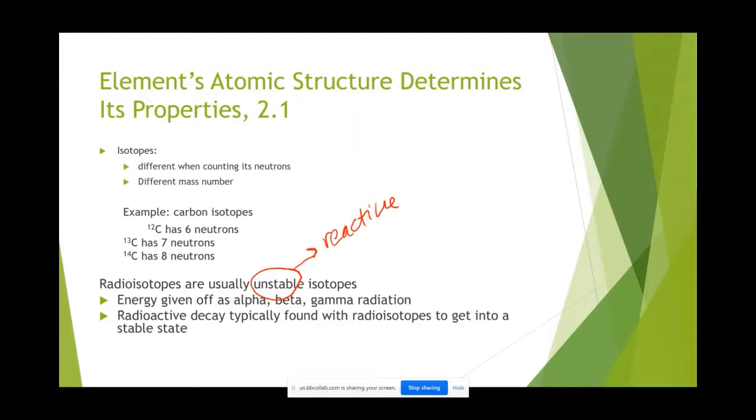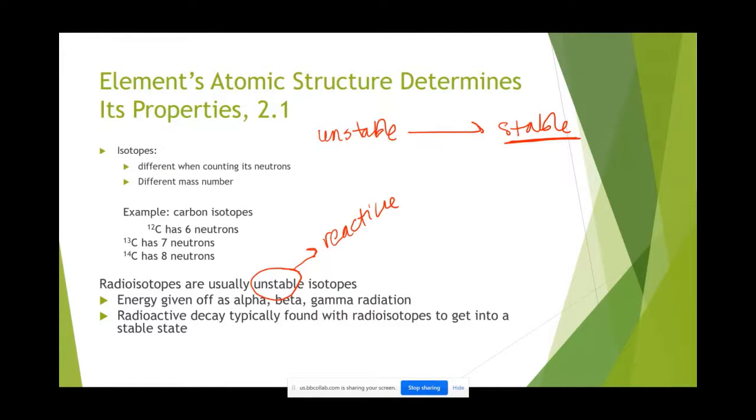But here's the thing. If I have something, let's say uranium, depending on the neutrons that are there and the isotope it's in, uranium can be very radioactive, okay? And if something is super unstable, typically you want to get it back into a stable form. You always want something to be stable.